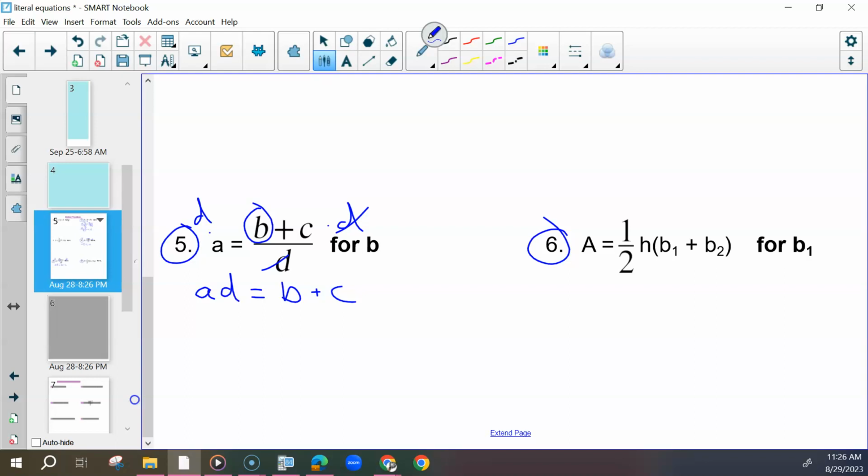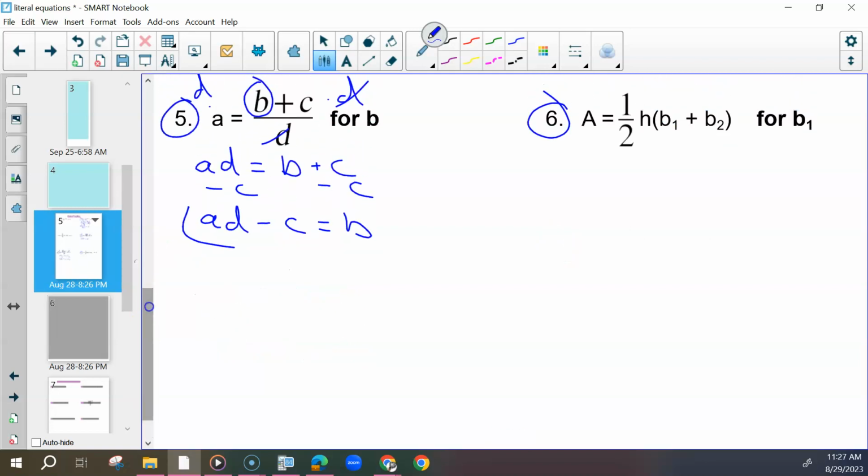What's our last step? Now subtract. AD minus C equals B, and that would be our final. Questions on that one?